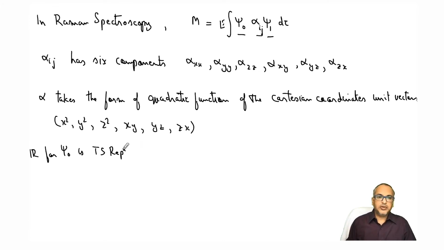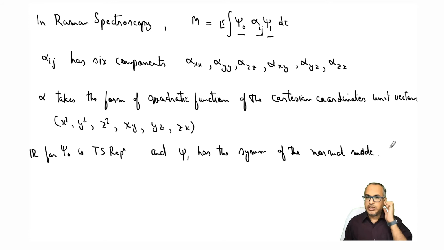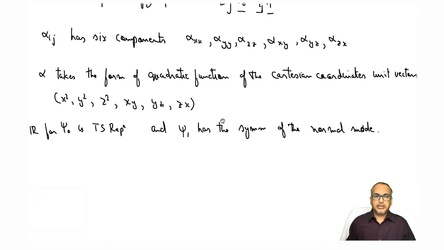So IR for psi 0 is totally symmetric representation, and psi 1 has the symmetry of the normal mode that we have already seen, and we are talking about only the first excited state. You can, of course, talk about the second or third excited state if you want to, but let us keep our discussion to the first excited state.